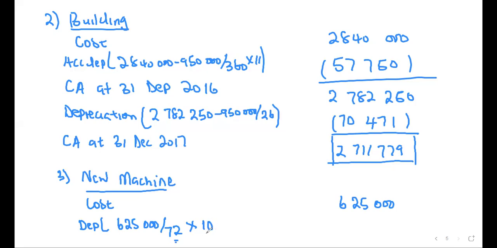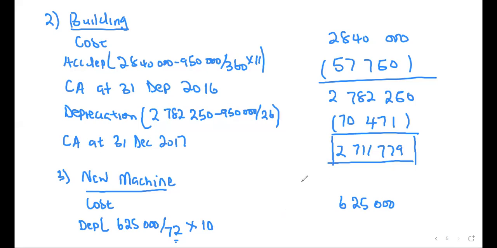You say times 10 over 12. You see, if you decide to divide by 6 years, then here you are going to say times 10 over 12. But if you convert to months, then it's easy, which means in the first calculation, you are calculating the depreciation per month times the number of months.